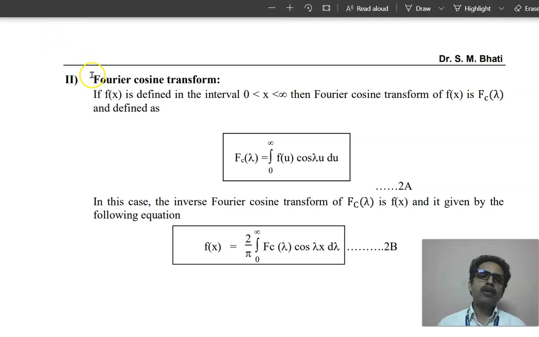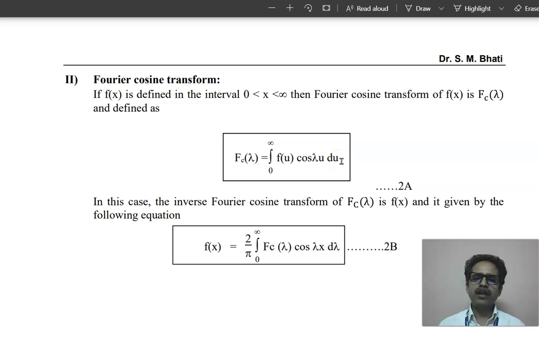Let's see second important definition, Fourier cosine transform. If f of x is defined in the interval 0 less than x less than infinity, then Fourier cosine transform of function f of x is capital Fc lambda and defined as integral from 0 to infinity f of u cos lambda u du.